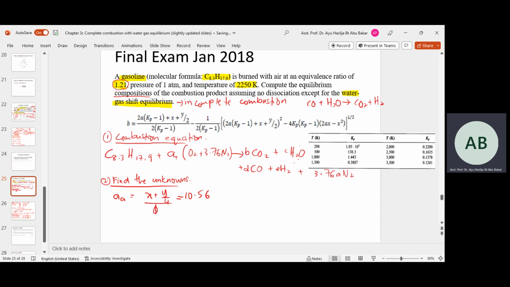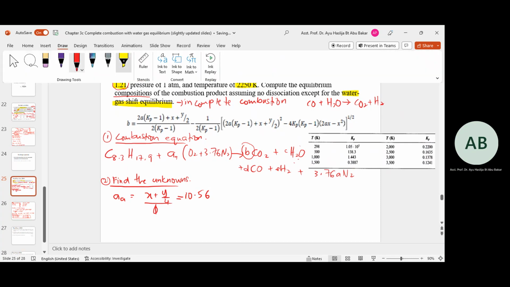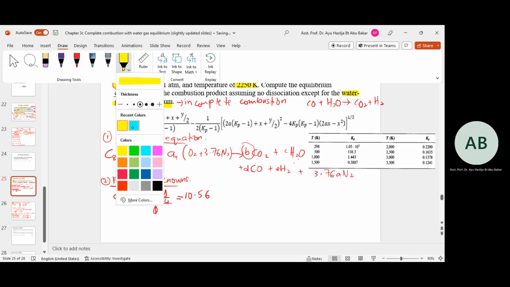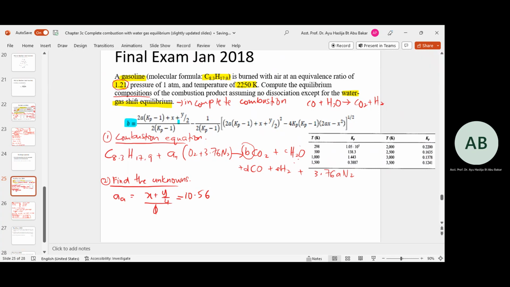Okay, now we need to find out B first. Since it involves water gas shift reaction, you need to find the B before you can find the C, D, E. So for the B, you will need to use this long equation, which involves the Kp.